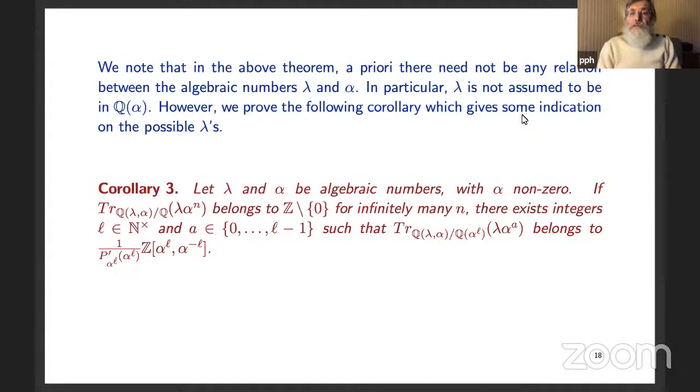And then the conclusion is that there exist an integer L non-zero, in N*, meaning the positive natural numbers. So maybe for you it's just N. And A is an integer in 0, L minus 1, such that the trace to Q(alpha^L) of lambda alpha^A belongs to this module, 1 over P prime of alpha^L, times the Z-module Z of alpha^L, alpha^(-L).